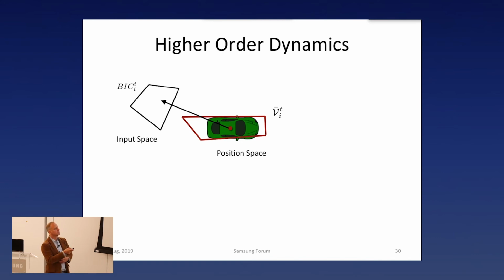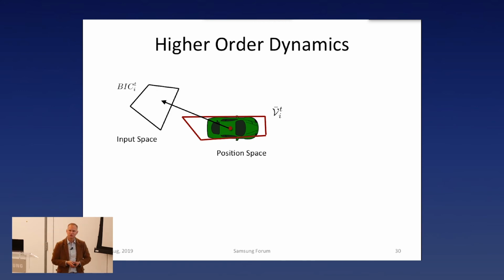So what we do is we just map the same concept into the input space, that is the space of steering inputs and acceleration and brake inputs. So this is another geometric space. And we take this kind of safe space that we computed before, that corresponds to a set of safe inputs. And we essentially do the same projection trick onto the space of safe inputs.